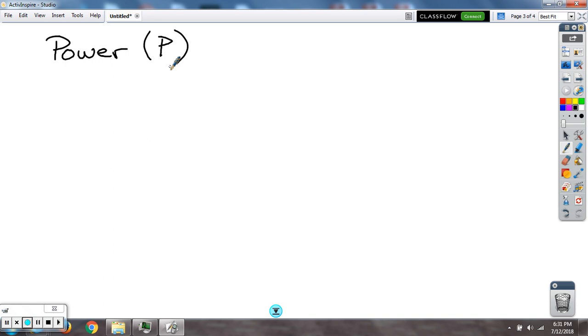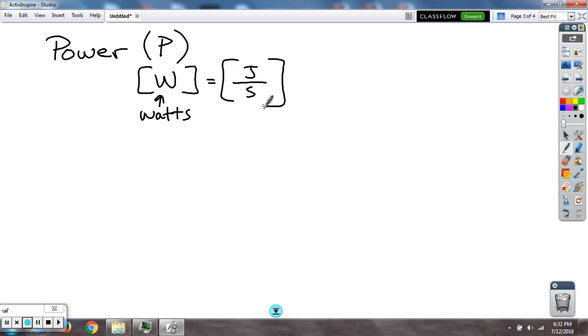Power, by the way, has units of watts, which is also a joule per second. It's how much energy you use, the rate of change over time of the amount of energy. And when you're talking about electrical appliances, we're talking about electrical energy being used per second.